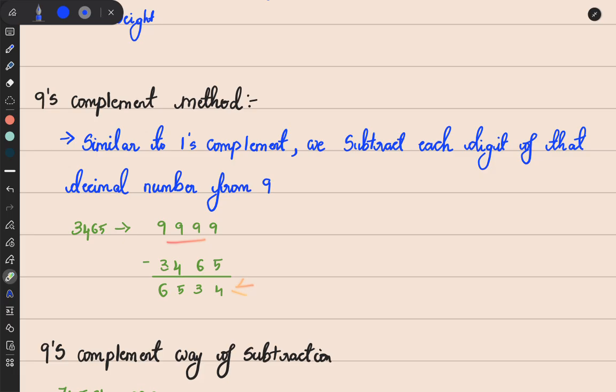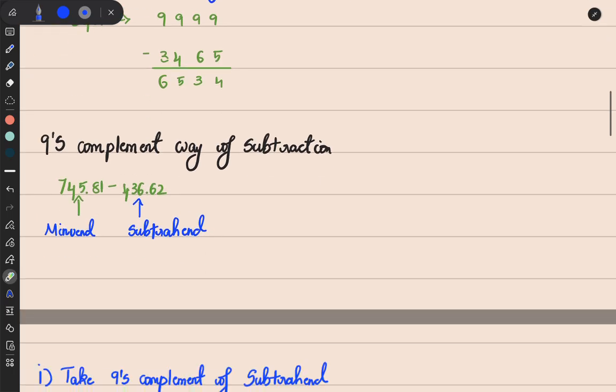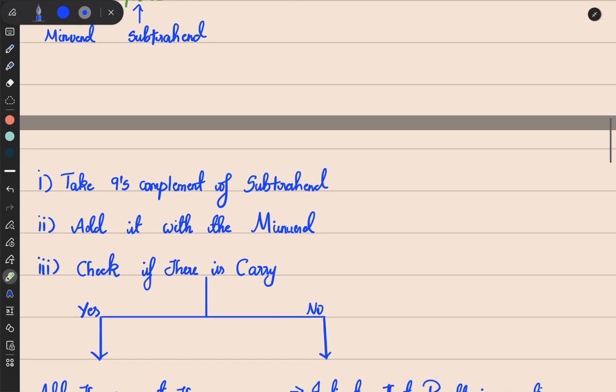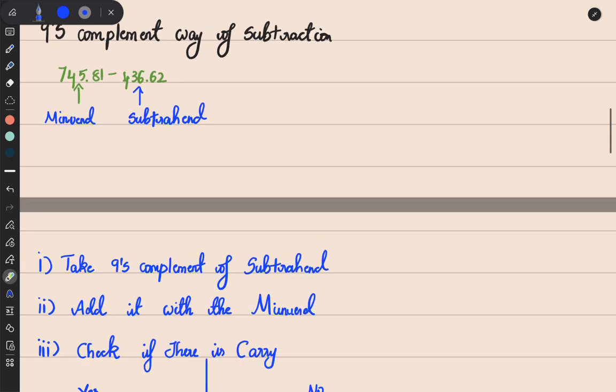This 9's complement method is mainly used to simplify the subtraction operation. To understand the 9's complement way of subtraction, if we subtract these two numbers, the number on the left is called the minuend and the number on the right is called the subtrahend.